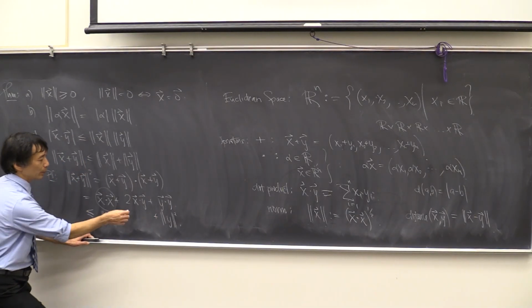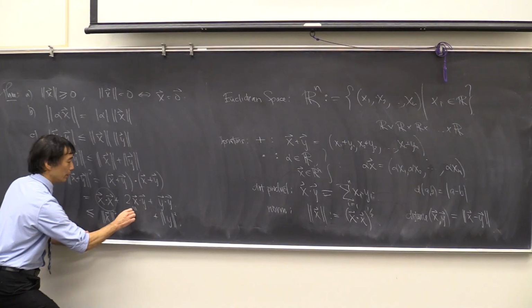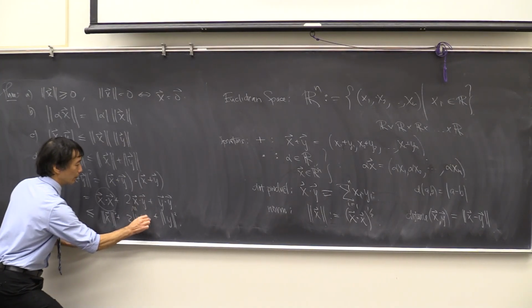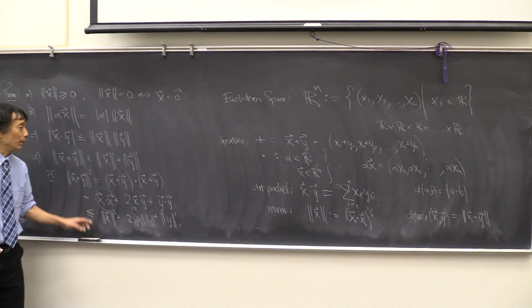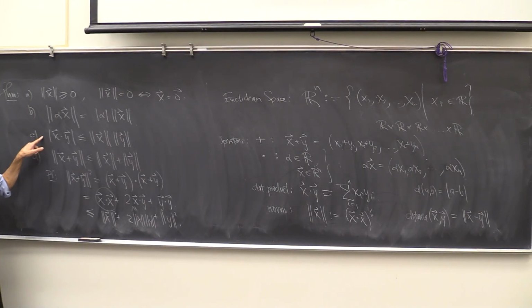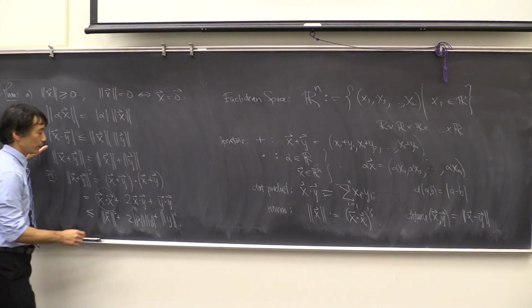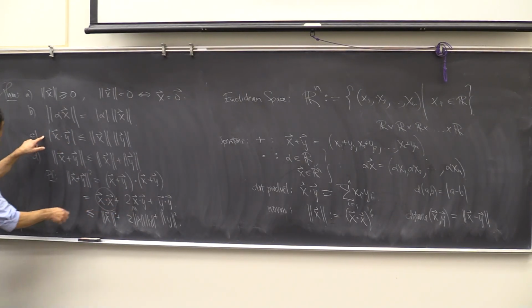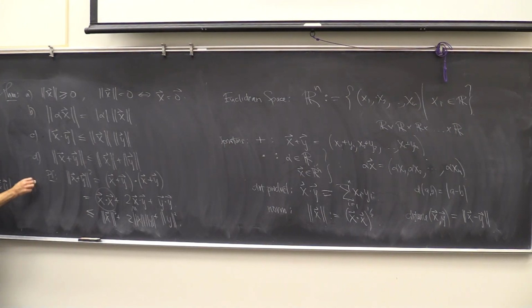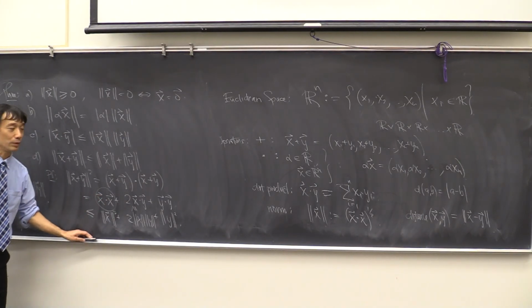The term in the middle we can control by the product of the norms, by the Cauchy-Schwarz inequality. x dot y is certainly in magnitude less than the product of the norms. So we put that in, and then we've got it. Basically the same proof, except we have to use the Cauchy-Schwarz inequality to get this control of the cross terms.